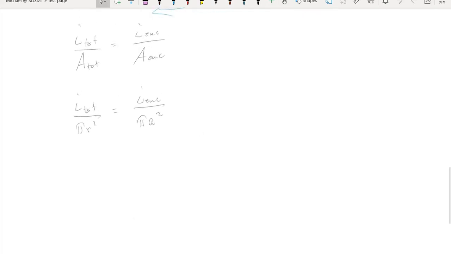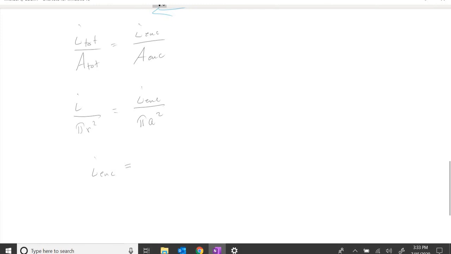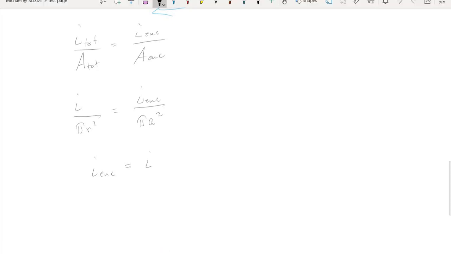If we want, at this point, we could stop calling this current total, and we could just call it the current that is passing through the wire. And this means that the enclosed current, the current that's enclosed by our Amperian loop, has to equal the total current times the ratio of a squared over r squared. If we rearrange what we have here in our ratio expression, this is what our enclosed current is going to have to equal.